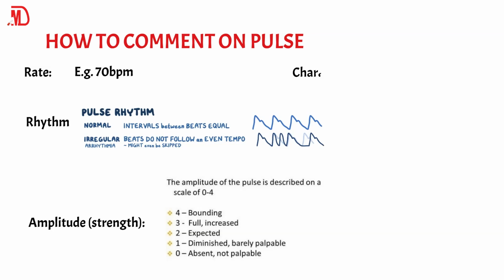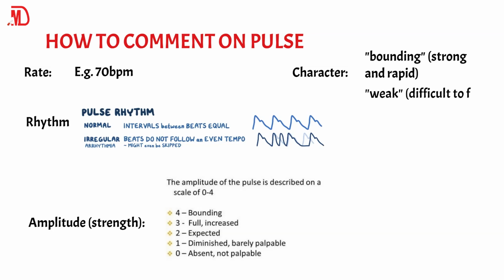Then we have the character. Over here, it describes the quality of the pulse wave, including terms like bounding, that is strong and rapid. Or another way of describing its character is weak, which means that it is difficult to feel.